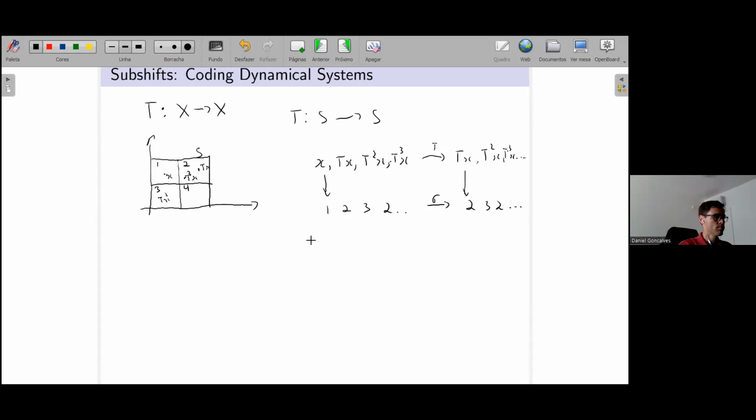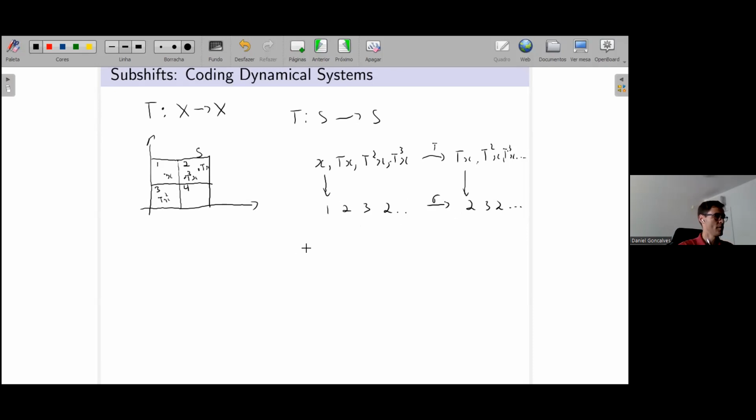One way of studying dynamical systems is studying this shift map on infinite sequences over some alphabet. Sometimes, if I fall on square 3, I can only follow by 2.